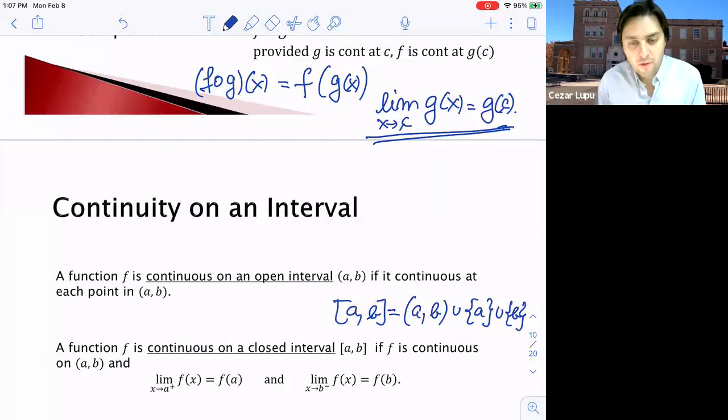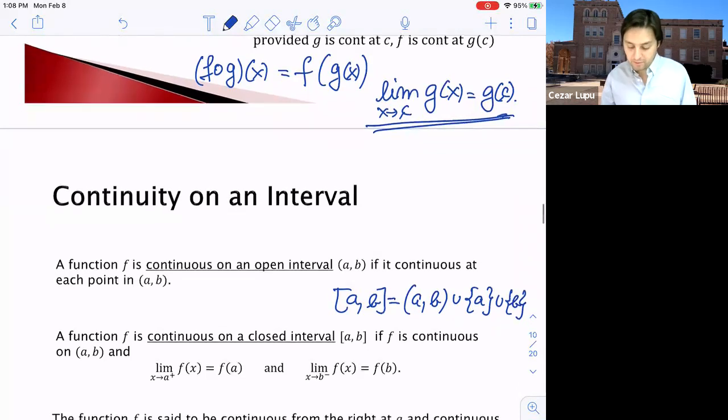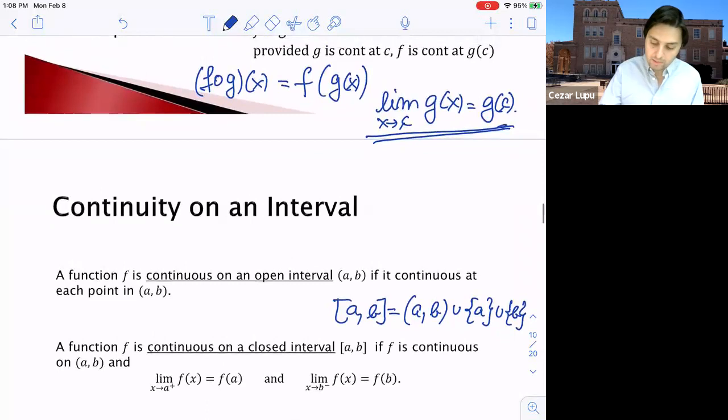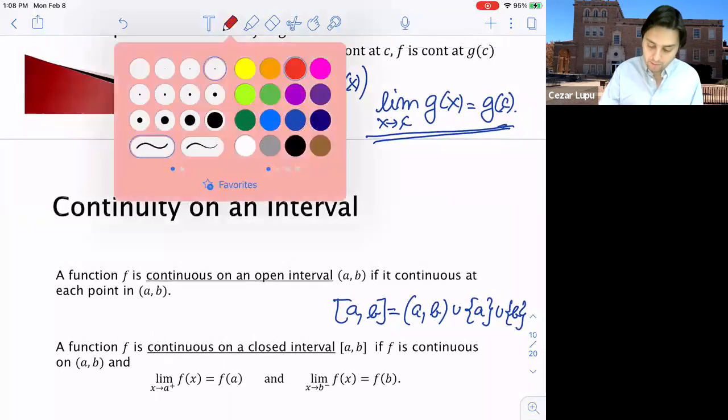So therefore, we need to discuss the endpoints. We say that the function f is continuous on a closed interval [a, b] if f is continuous on the open interval (a, b), and moreover, these two things happen. We need to talk about the limits at the endpoints.